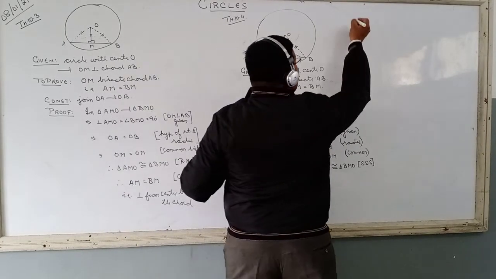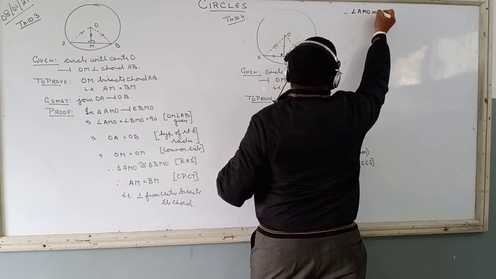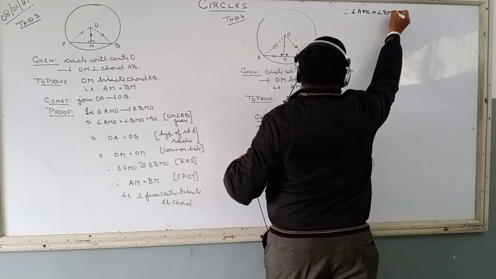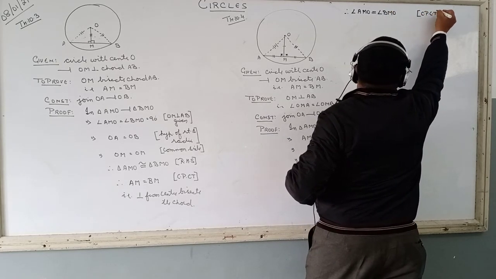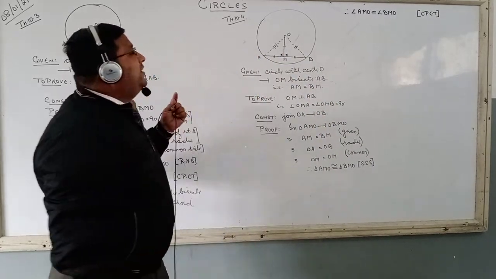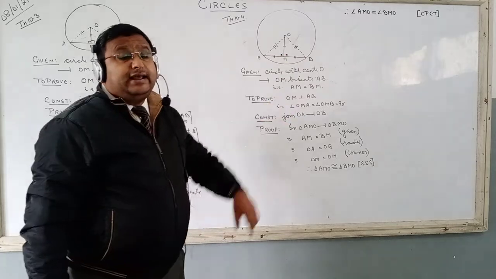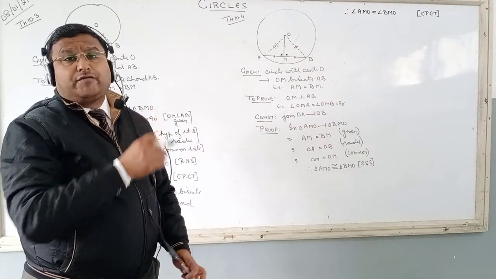CPCT. So therefore, angle AMO is equals to angle BMO by CPCT. And we are assuming these two angles to be x. Why x? We need to prove that they are 90 degrees. They are perpendicular to each other. This is what we need to prove.